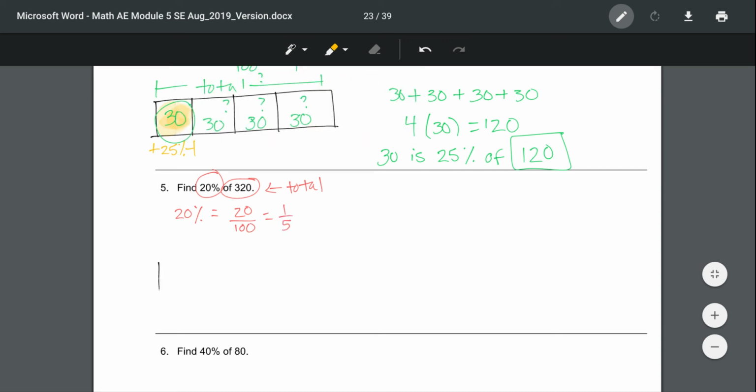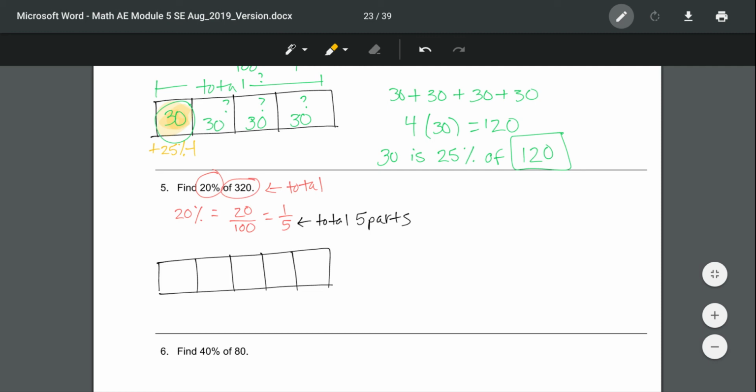So sketch your bar model. And we're going to break this up into a total of 5 parts. Okay, so you have 5 total parts.